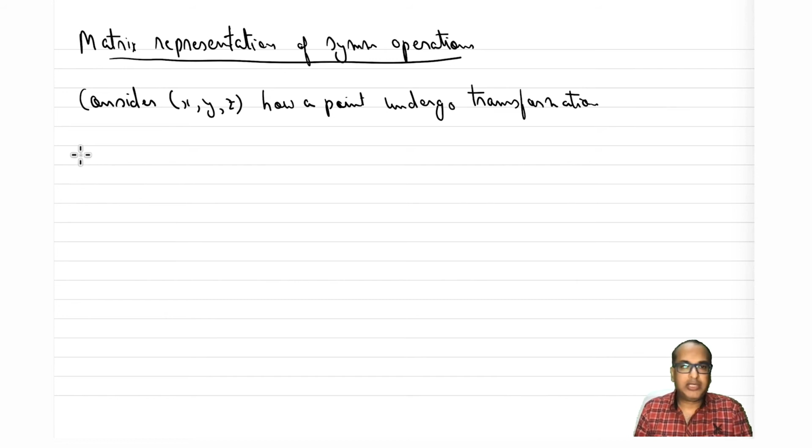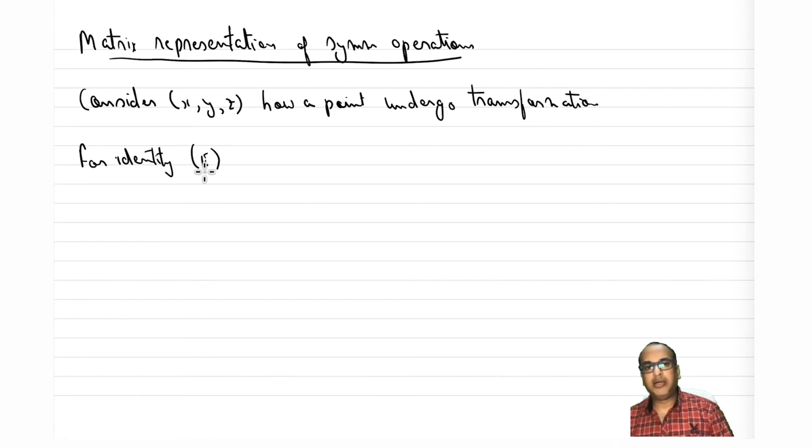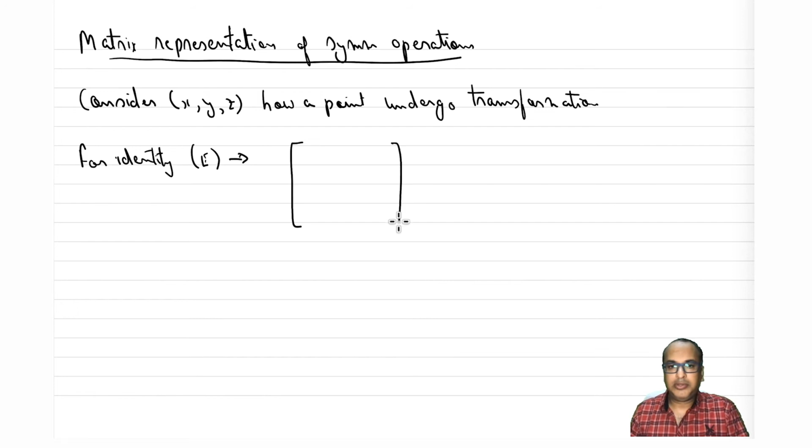So let's first consider identity E. Okay, so let's say we are trying to find a matrix representation for E. So this is the matrix which we do not know.